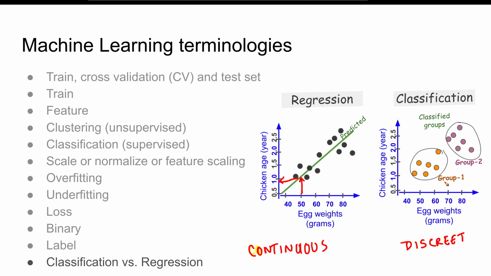On the right hand side, we have this data where we do have the egg weights and chicken age, but what we are trying to do here is group the data into two clusters.